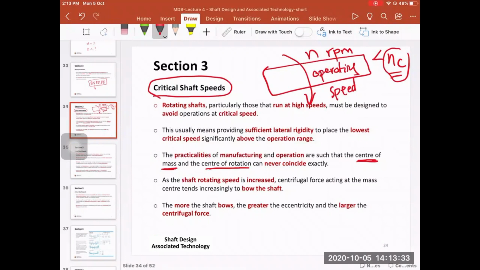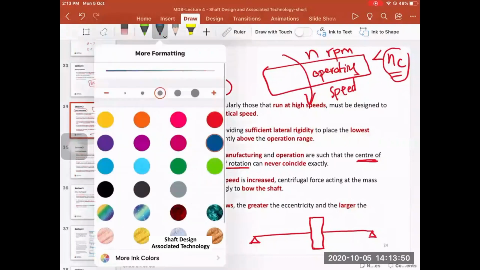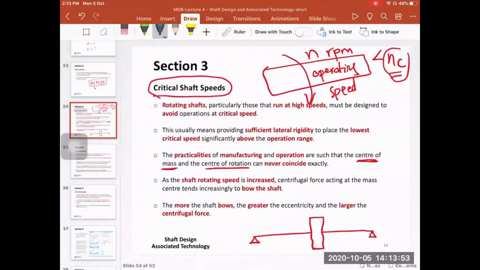Let me just draw a very crude graph here. If, for example, we have a disc carried on a shaft, at the beginning it's like that. Then if this shaft starts to rotate, I'm going to say that this center here is the center of rotation. But when the shaft starts to rotate, this disc is going to move, in a very exaggerated picture, like this.